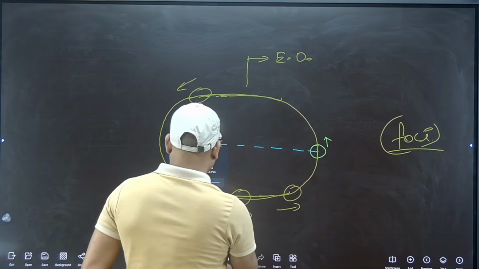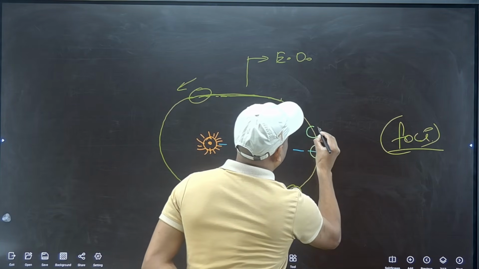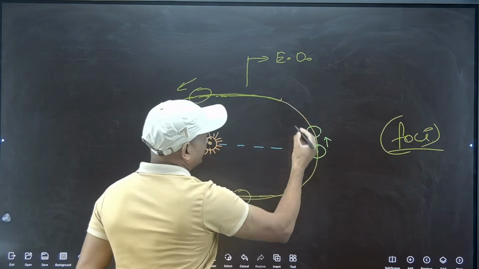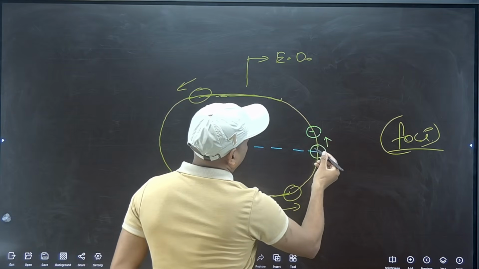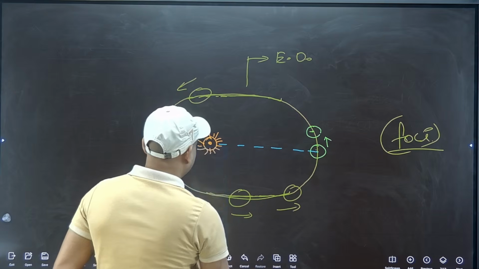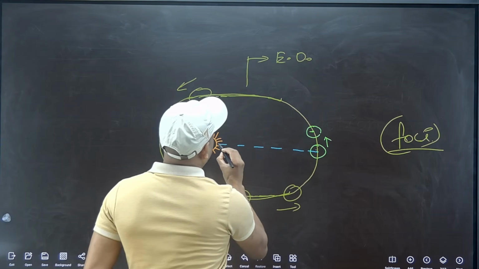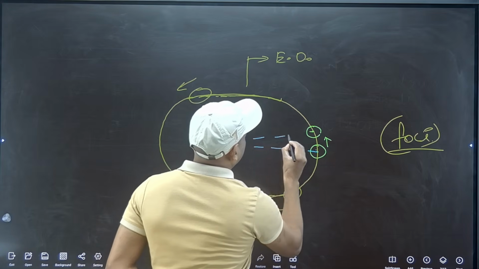The planet reaches this new location because it is revolving around the sun. So after one day, the new line joining the sun to the planet will be like that.